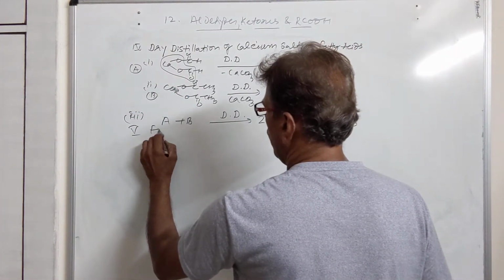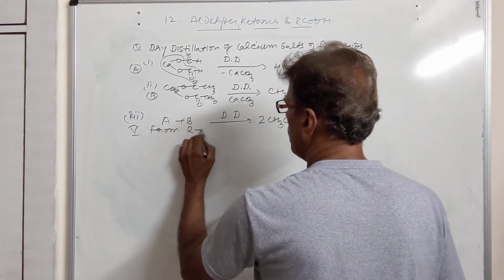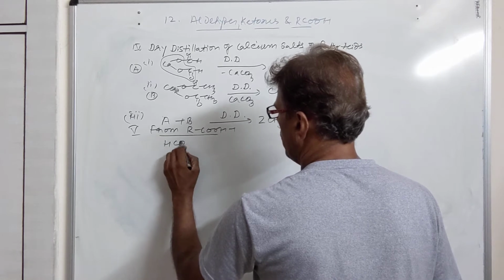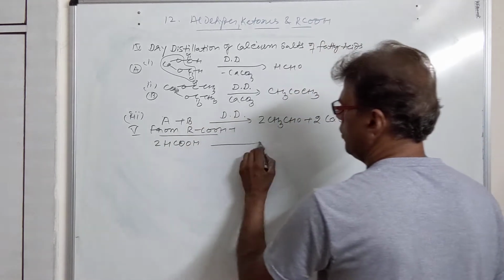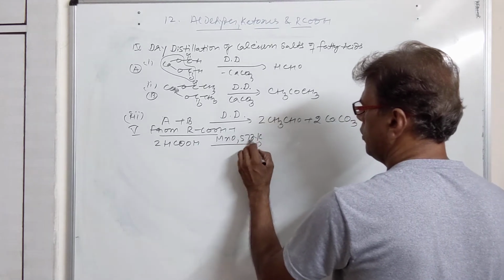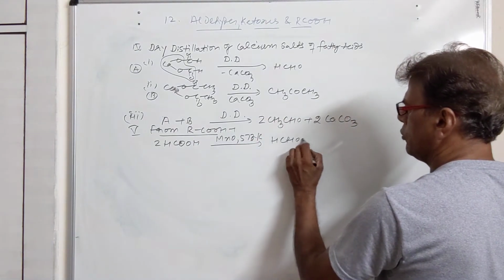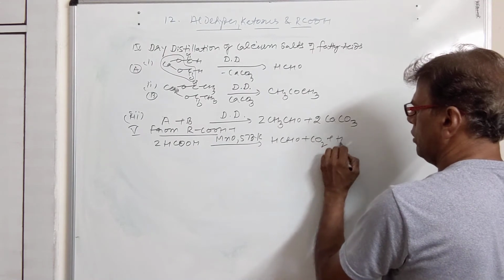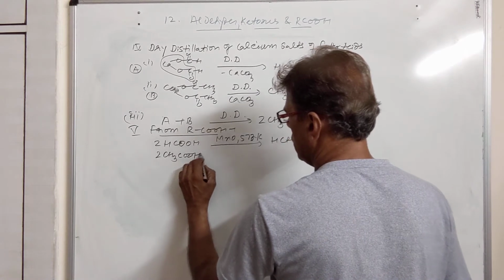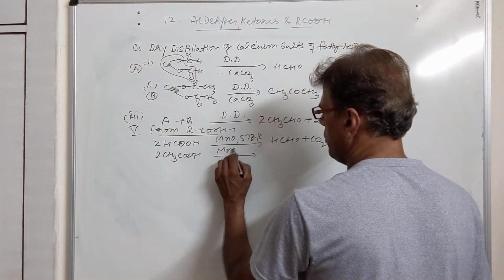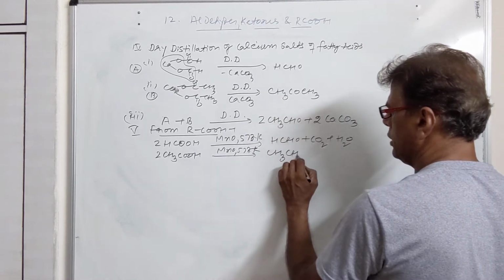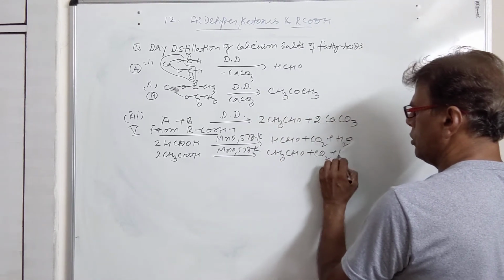Fifth method is from carboxylic acids. When 2 molecules of formic acid are taken, their vapors are passed over MnO at 573 Kelvin. Then the product obtained is HCHO plus carbon dioxide plus water. If we take 2 molecules of acetic acid and pass the vapors over MnO at 573 Kelvin, the product will be CH3CHO plus CO2 plus water.